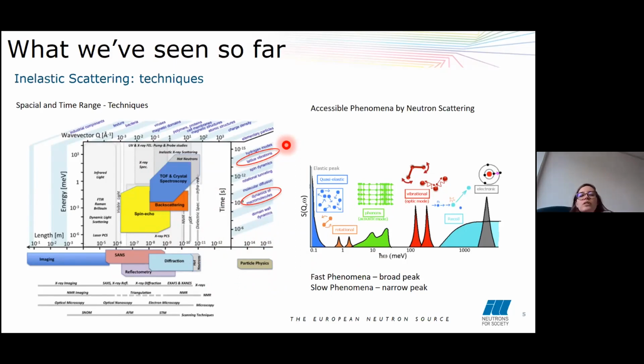And slower processes, like the dynamics of macromolecules in the nanosecond time range, can be observed with backscattering or spin echo. And it makes sense because faster phenomena show broad peaks and slower ones show narrow peaks, which means slower phenomena require a better resolution, as Giacomo is going to explain later.